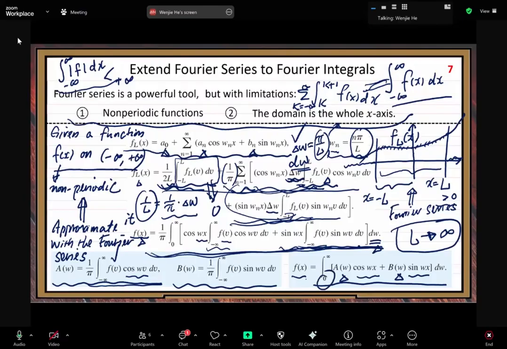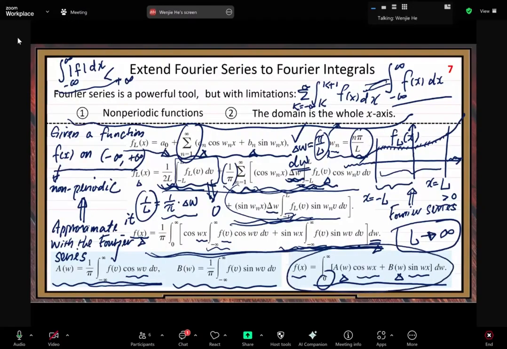Not from negative infinity. Why? Because when we take the summation from 1 to infinity, it is only half, the positive half. We don't have the negative half, right? So that's the reason our integral is from 0 to infinity. We don't have the negative side.